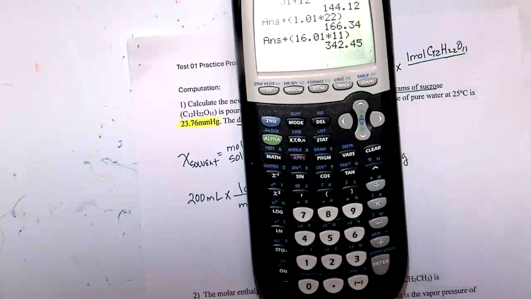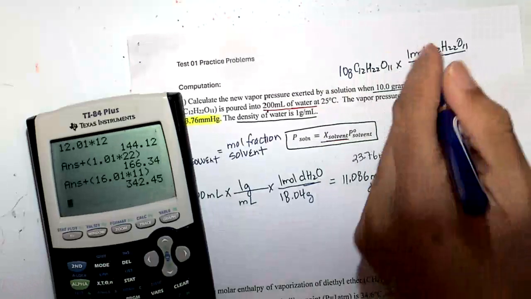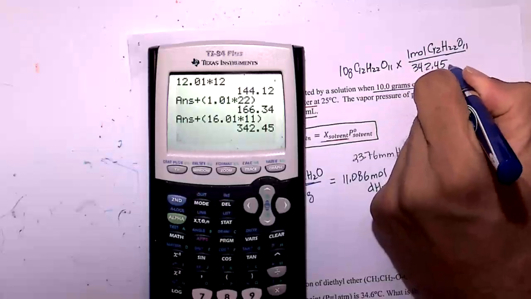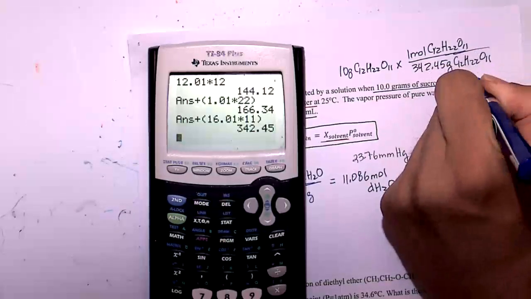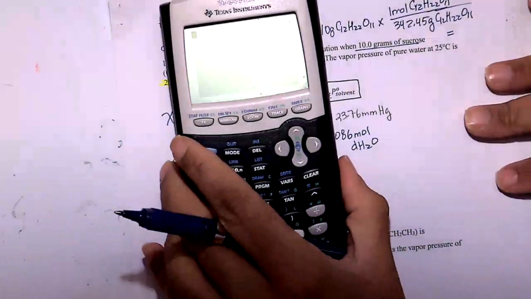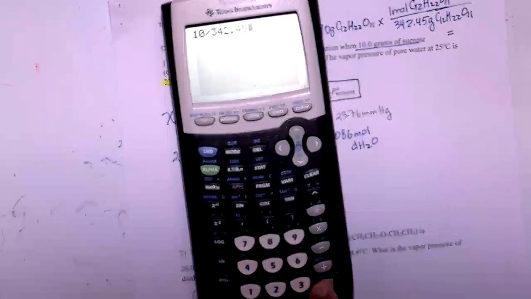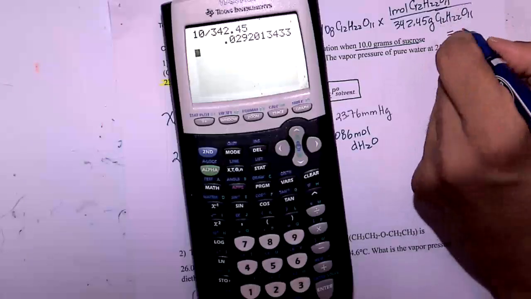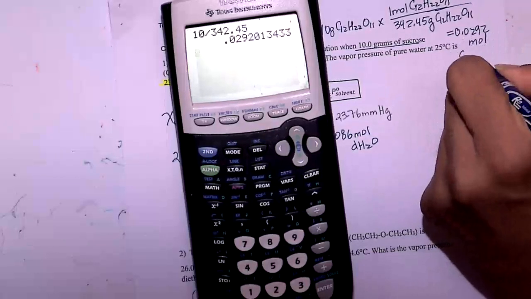So we sum up all those, getting about 342.45 grams in 1 mole of sucrose. Divided by 342.45, we get about 0.0292 moles of this.